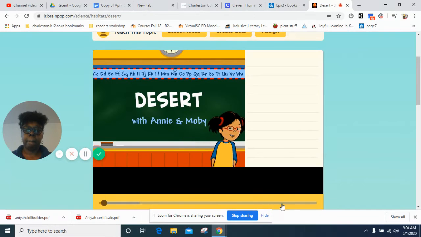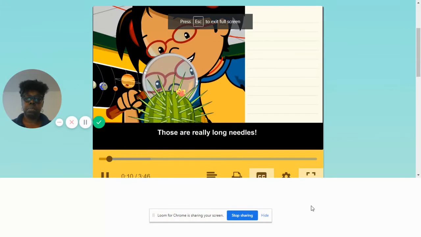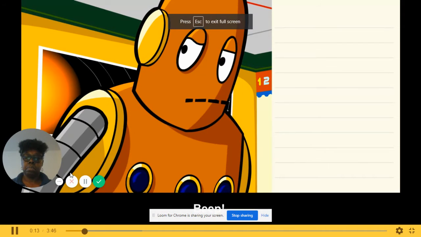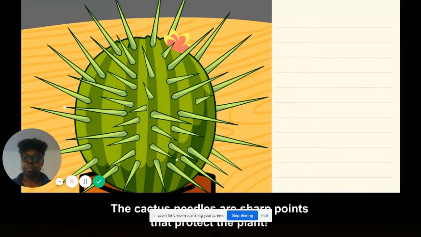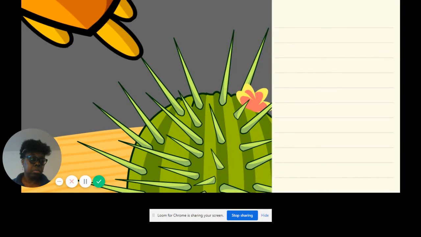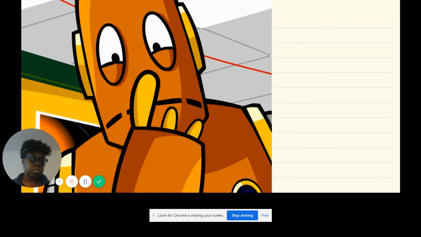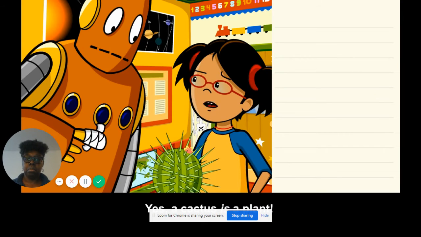Those are really long needles. No, not those kind of needles. The cactus needles are sharp points that protect the plant. Yes, a cactus is a plant.